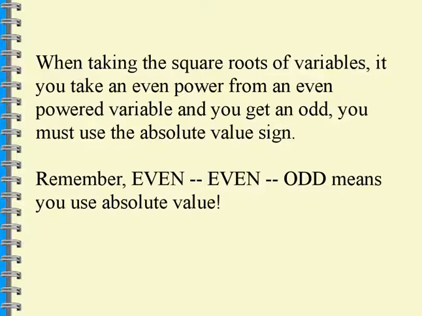So when taking the square roots of variables, if you take an even power from an even-powered variable and you get an odd, you must use the absolute value sign. Now, that's not going to make a lot of sense right now, but that's where we're starting tomorrow. Even, odd means you're going to use absolute value.